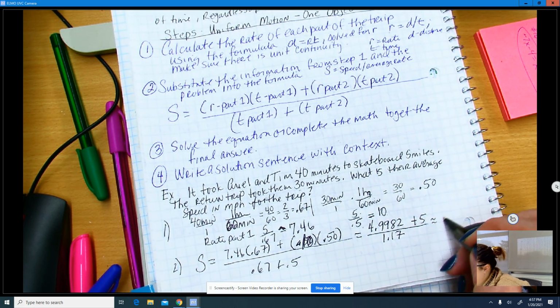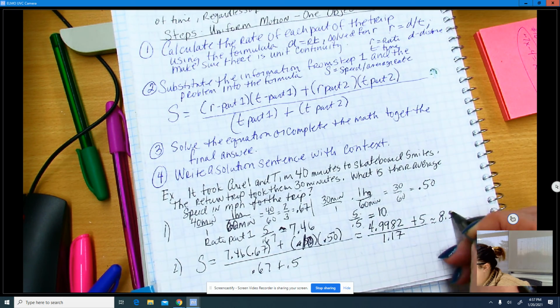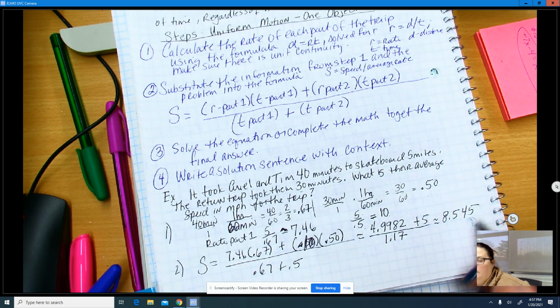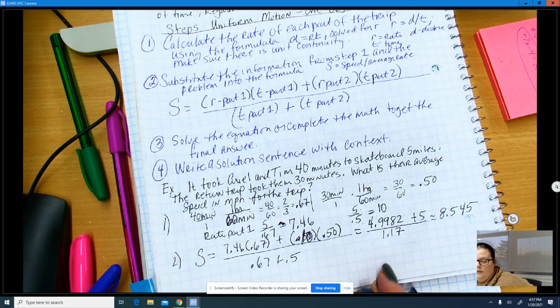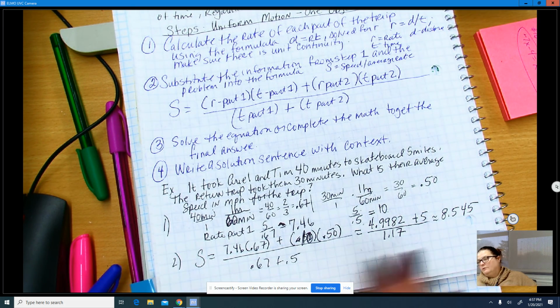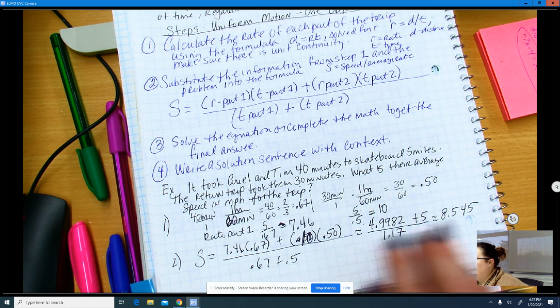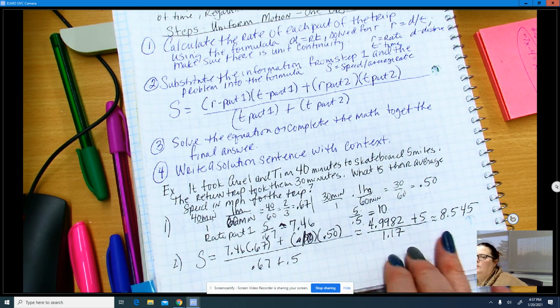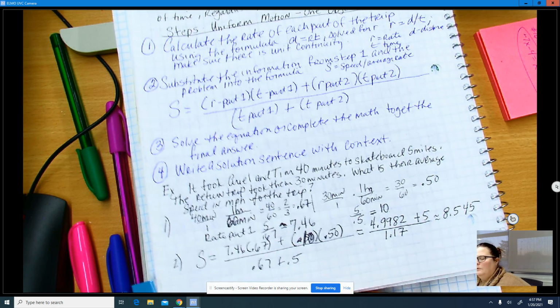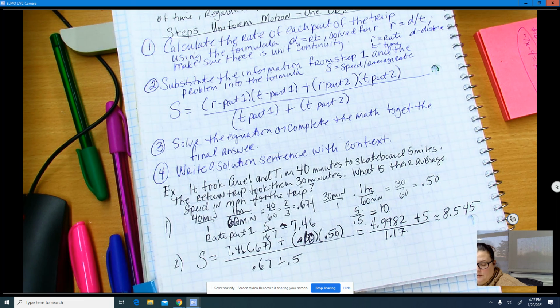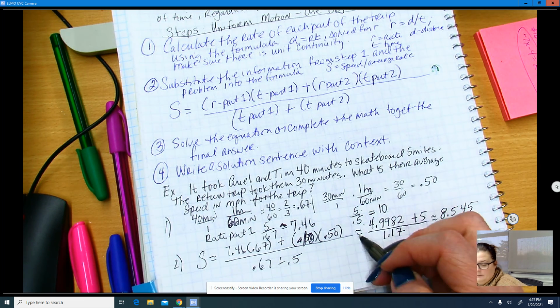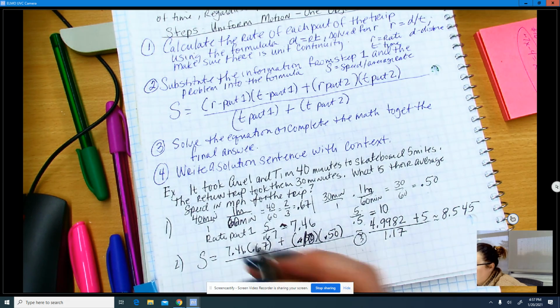And this is going to approximately equal 8.545. So if you're not told to round to a specific place, plan to round to the hundredths place for your final answer. And if you're going to have to round to the hundredths place, typically you want to keep more than hundredths until you get to that last step. Otherwise, you kind of lose something in translation. So this was step 2, and over here was step 3, doing the math.